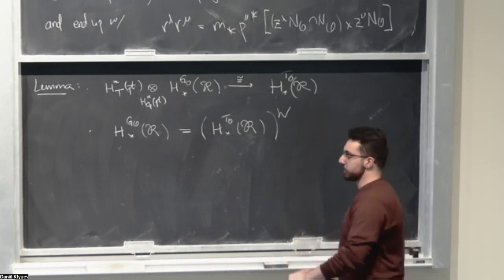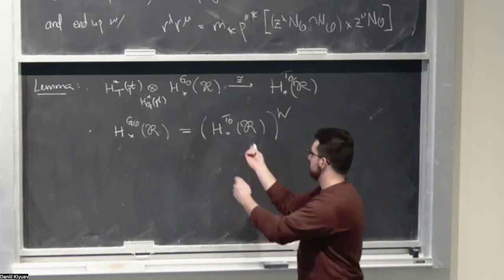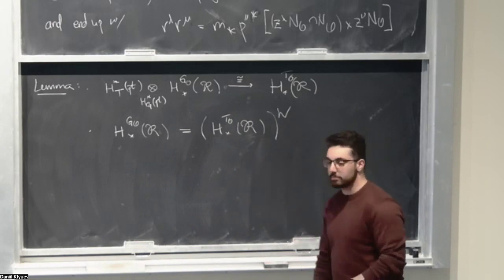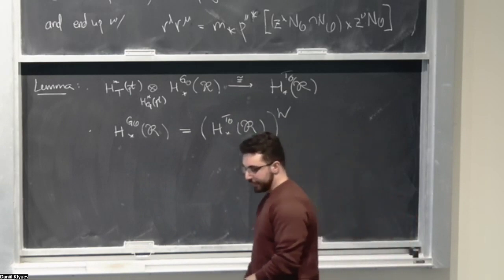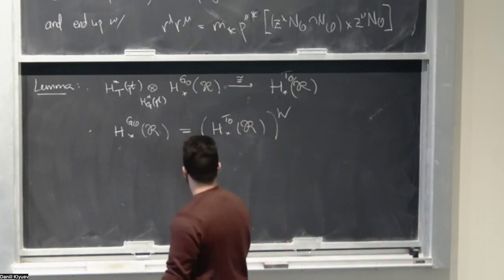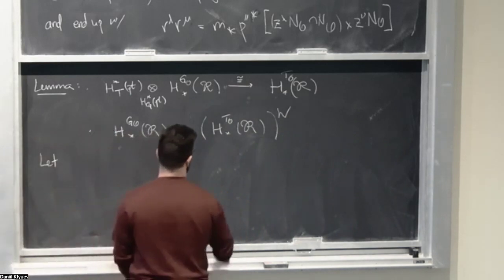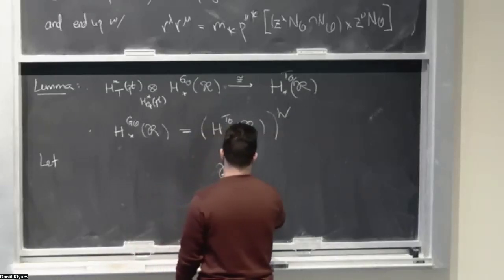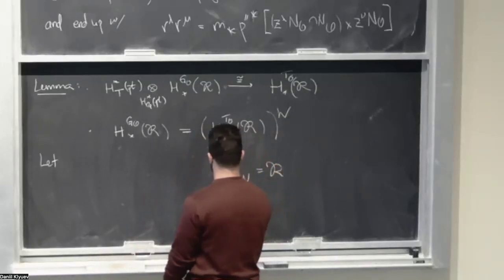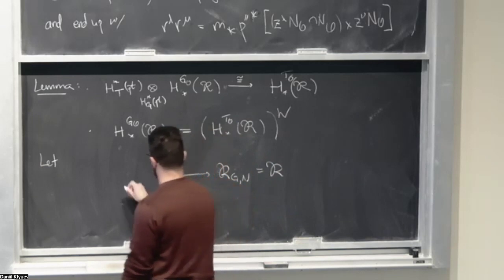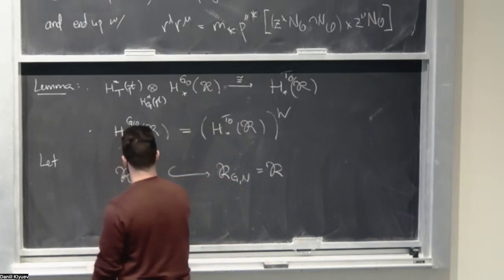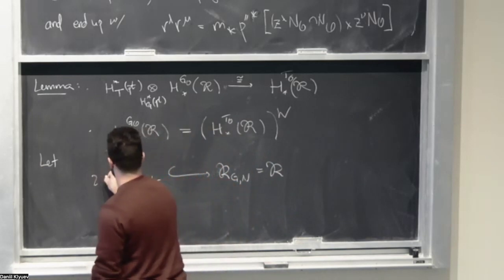I'm going to skip the proof, it's kind of like the usual cohomology thing. So now, in R, which is RGN, there lives an RTNT, the inclusion iota.